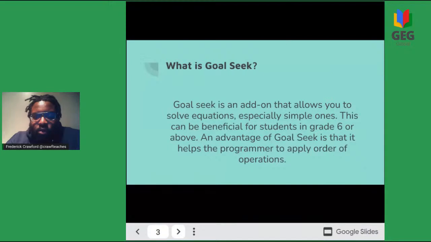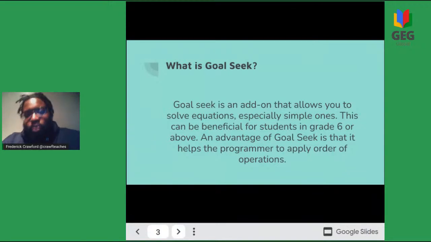So, what is GoalSeek? GoalSeek is an add-on that allows you to solve equations. Back in my days, I solved equations using a calculator. But now in these days, we can use a spreadsheet in order to solve an equation. And what is so good about using GoalSeek is that you can practice middle school concepts such as order of operations.